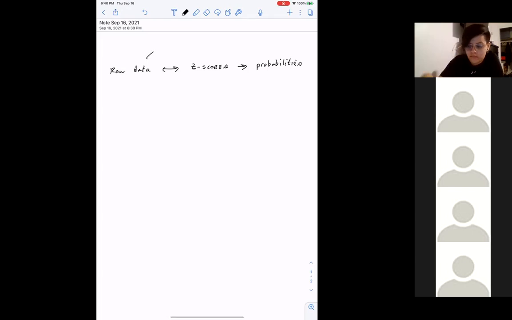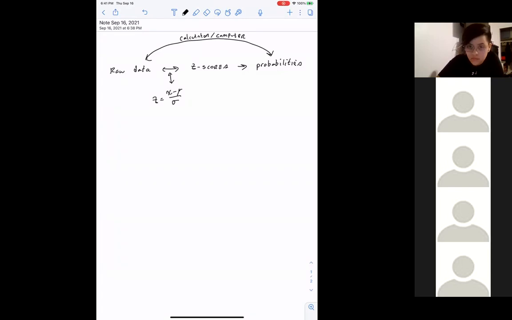But now we have methods to go directly from raw data to your probabilities. In particular, your calculator or your computer can do that. But it used to be that the only way to calculate probabilities from raw data is to first compute your z-scores via the formula that we did last time, z equals x minus mu over sigma.